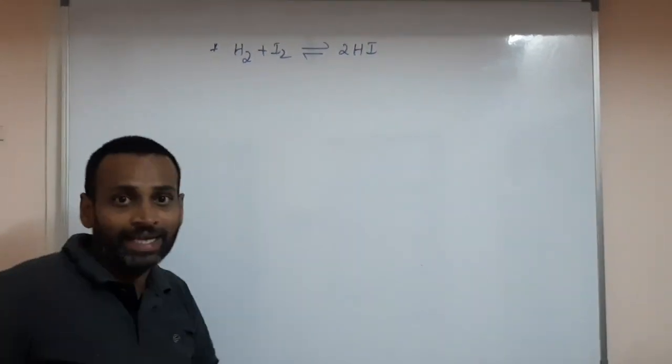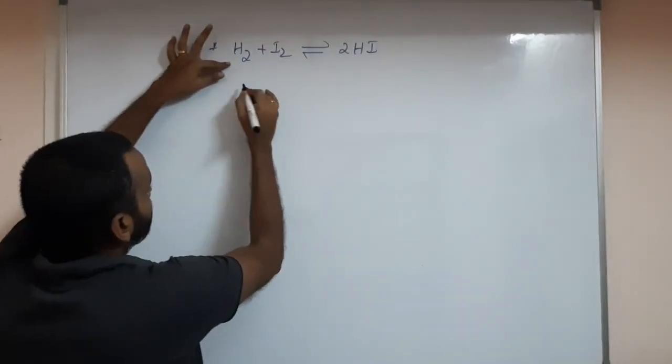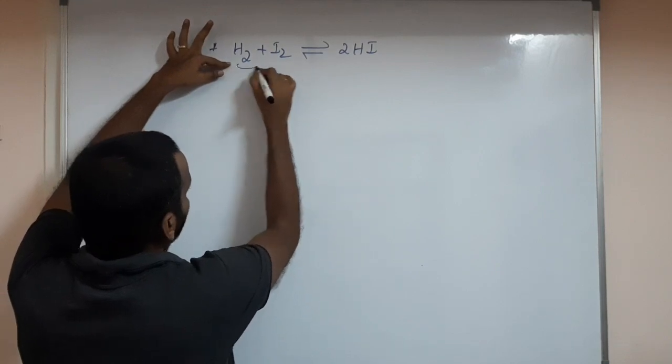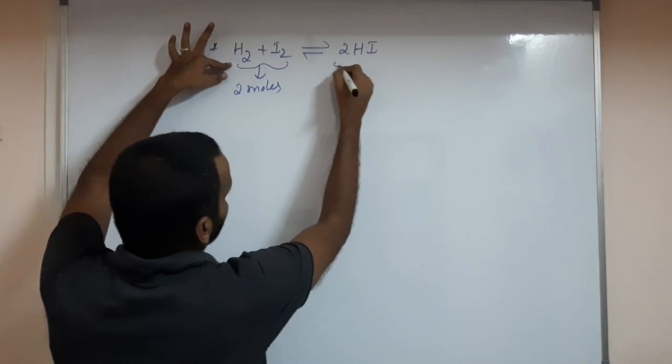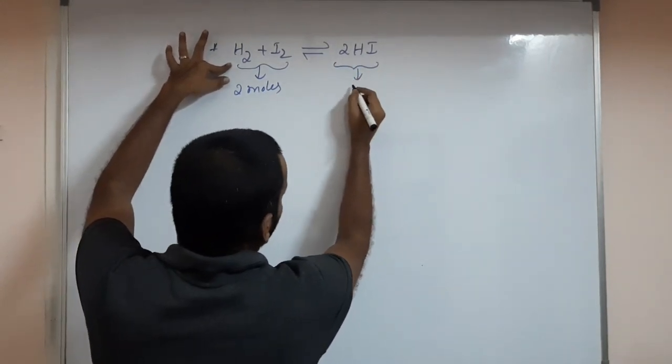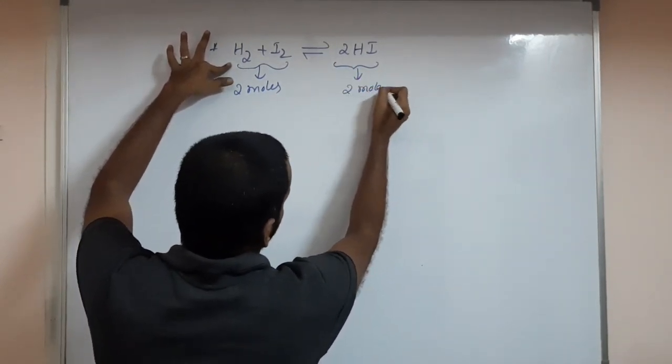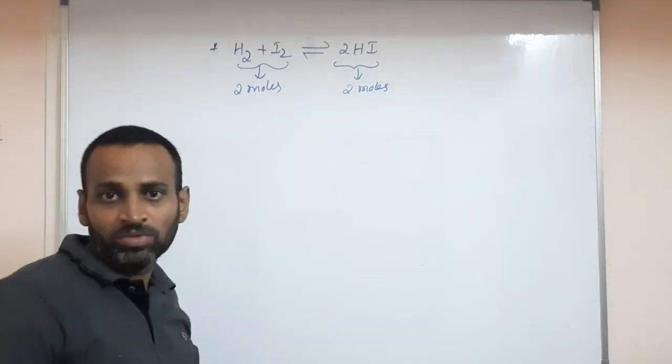2HI. For this, they'll ask what is the effect of pressure. Here how many moles of reactant do you have? 2 moles. How many moles of products? 2 moles. Is there any change in the number of moles? No change.